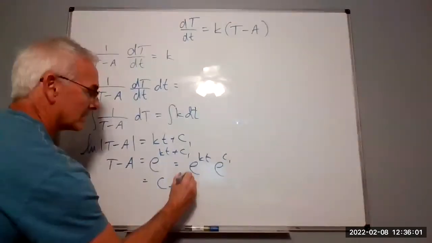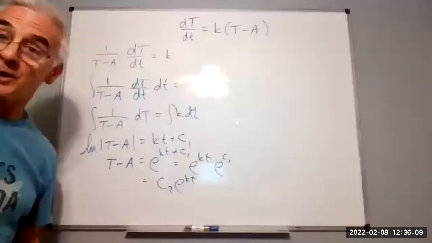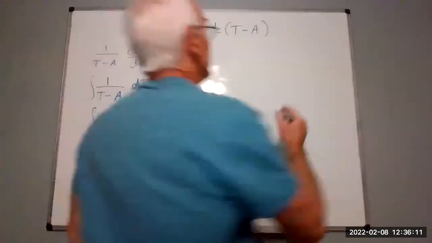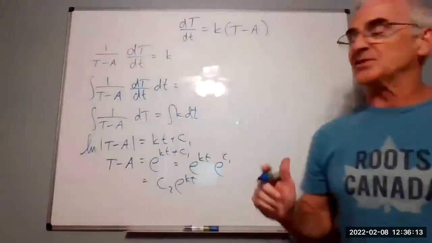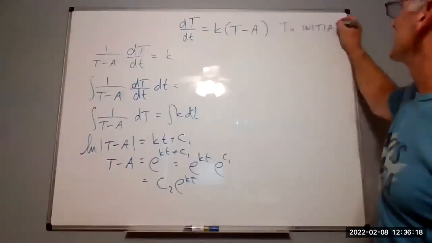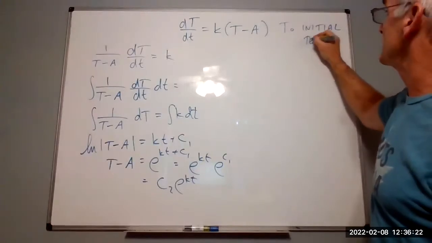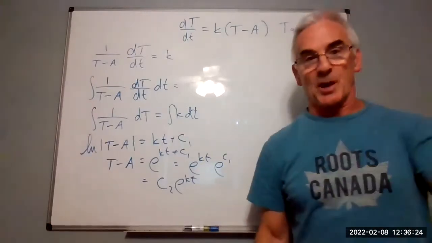Boy, we have a lot of constants here, don't we? But we actually know two of these constants right off the bat. If we call T sub 0 the initial temperature, this would be the temperature when I first placed the cup of coffee down.